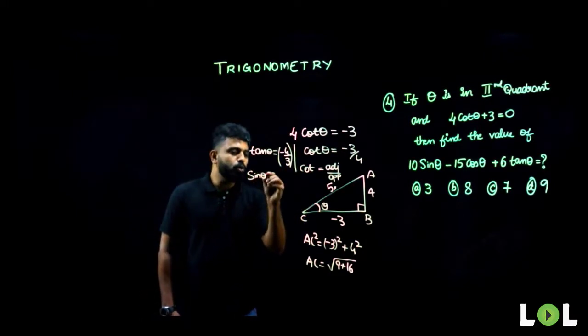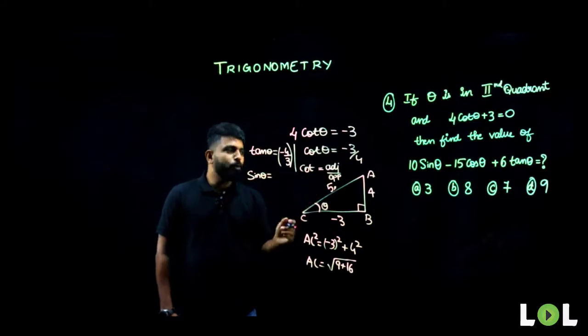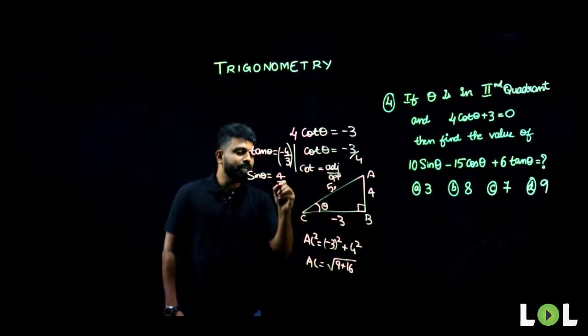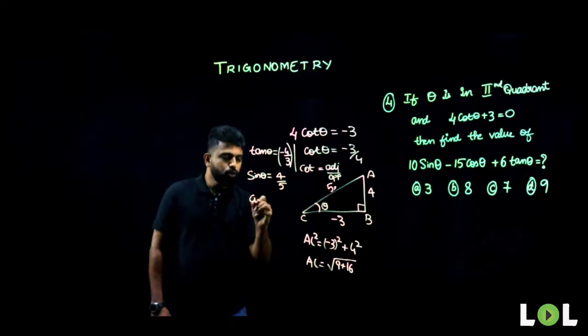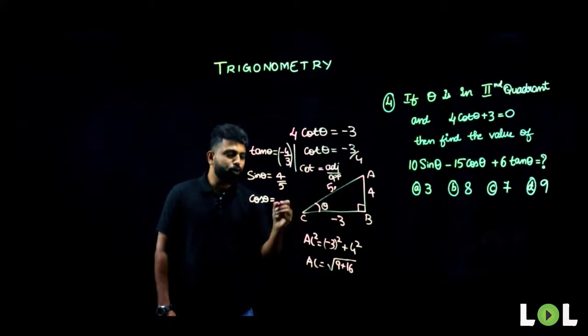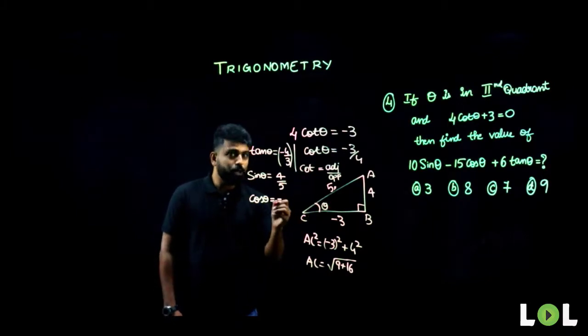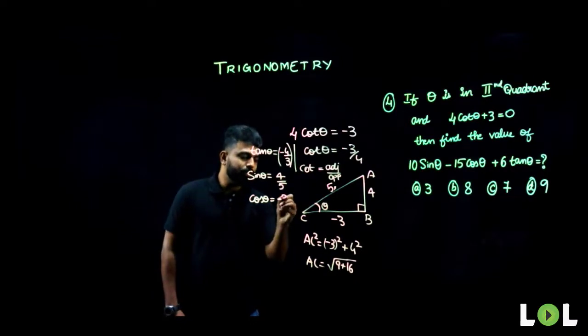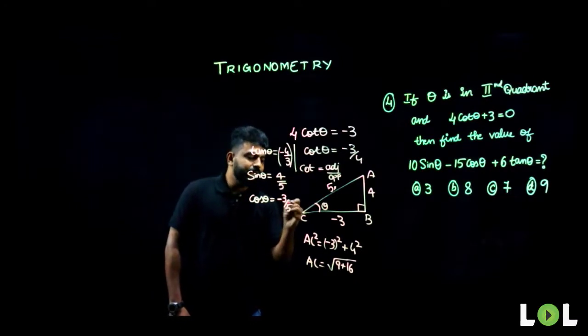Sin theta is equal to opposite by hypotenuse. Opposite is 4 and my hypotenuse here is 5. So what will be the value of cos theta here? Cos theta will be adjacent by hypotenuse. It is in the second quadrant, so cos will be negative, sin will be positive. So cos theta will be minus 3 by 5.